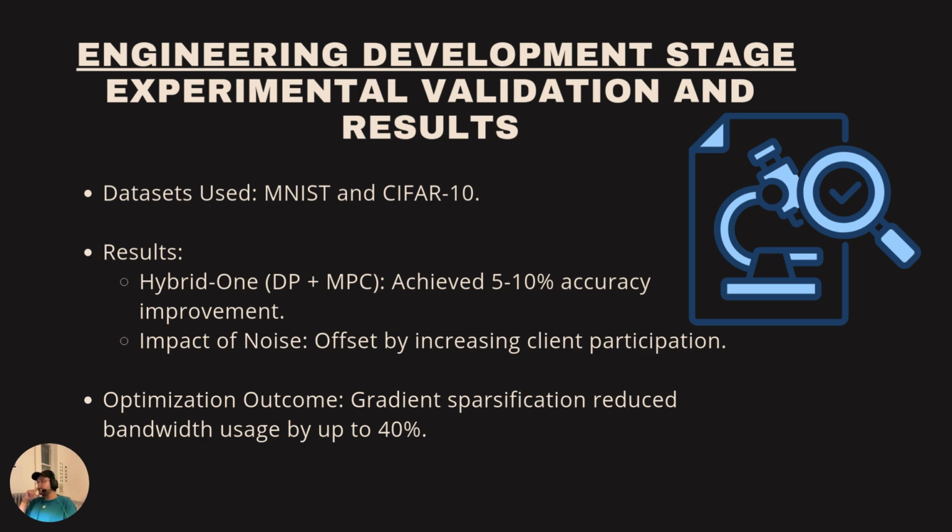We also observed that the negative impact of DP noise on model accuracy could be mitigated by increasing the number of participating clients, improving convergence rates. Additionally, communication optimization techniques such as gradient sparsification significantly reduce bandwidth usage by up to 40%, ensuring the system scalability for large scale deployments.